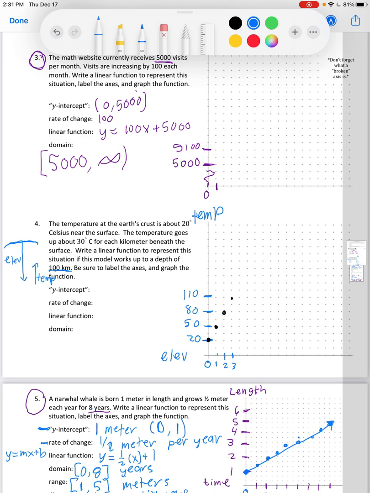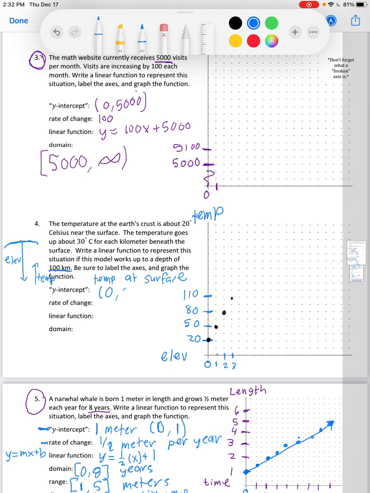All right, so let's go ahead and answer these questions and see if we can graph the function. The y-intercept, notice that's in quotation marks because we're not using x and y, we're using temperature and elevation. So in this case, the temperature at the surface is 20 degrees Celsius.